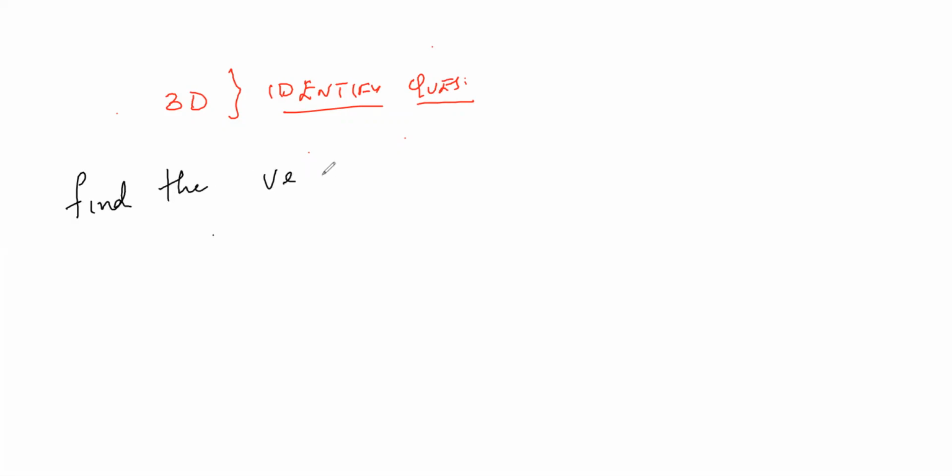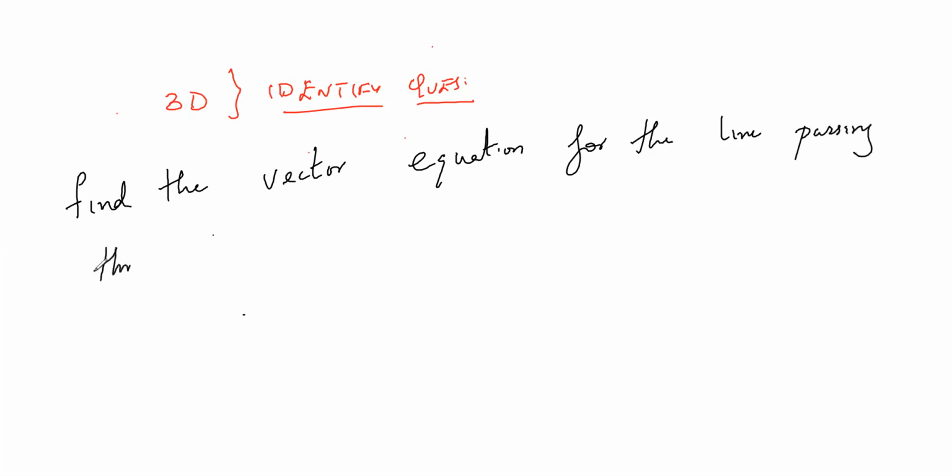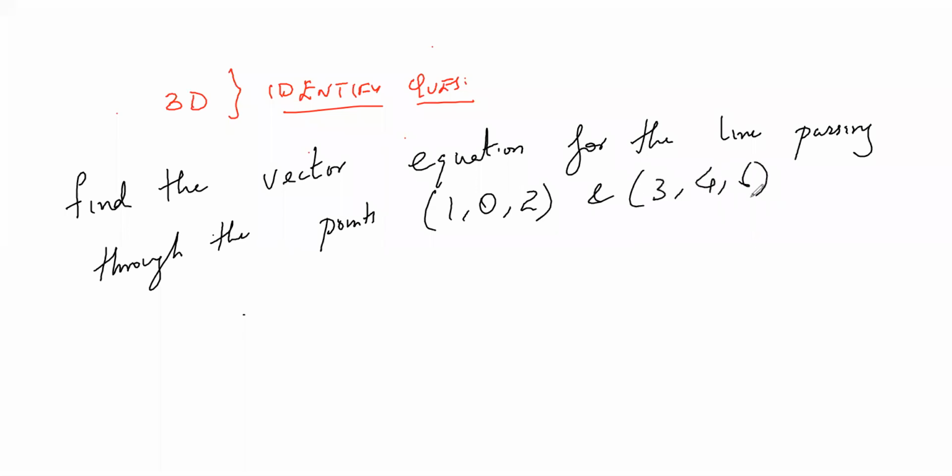Find the vector equation for the line passing through the points 1, 0, 2 and 3, 4, 6 respectively.